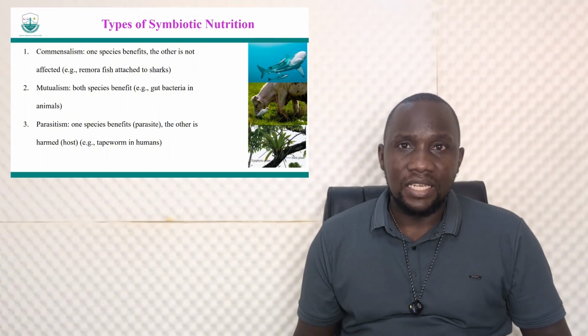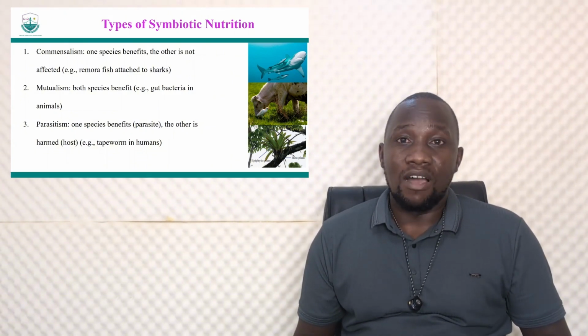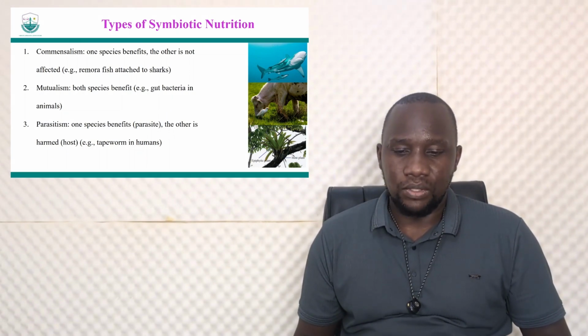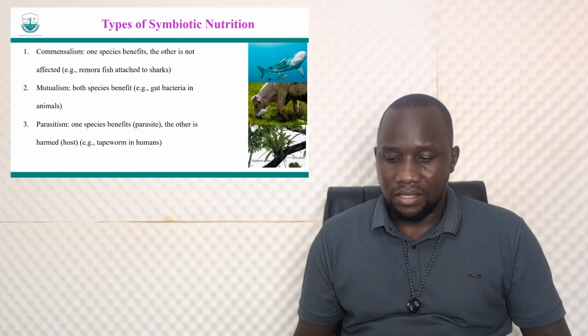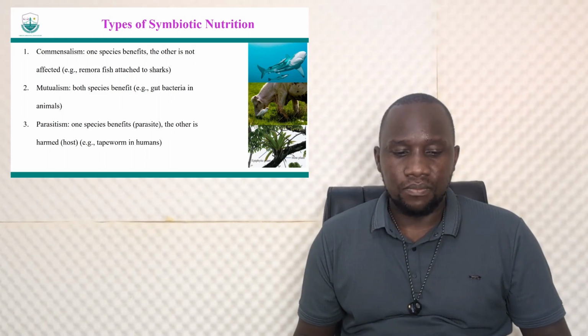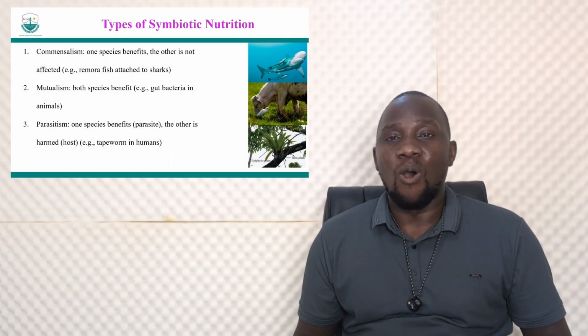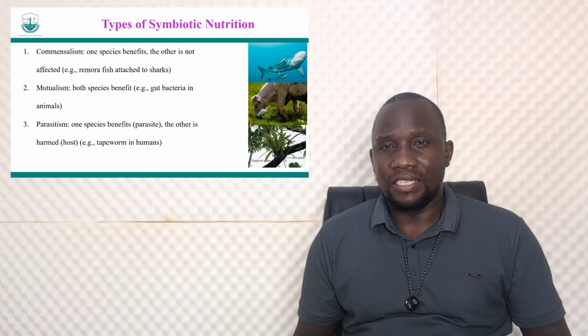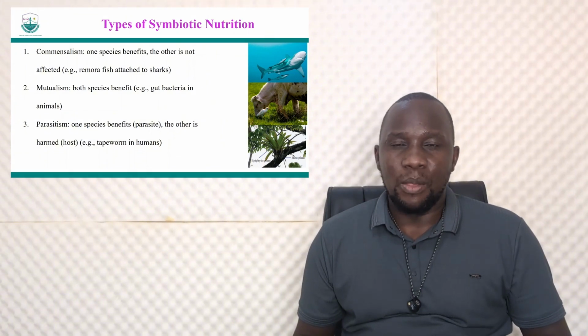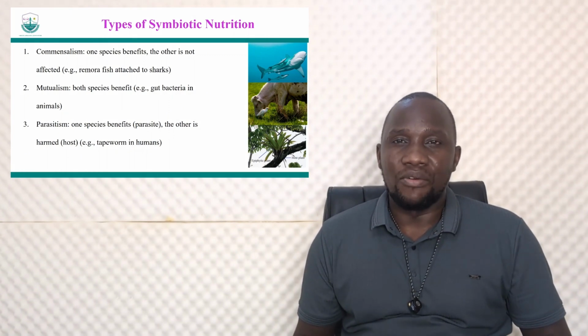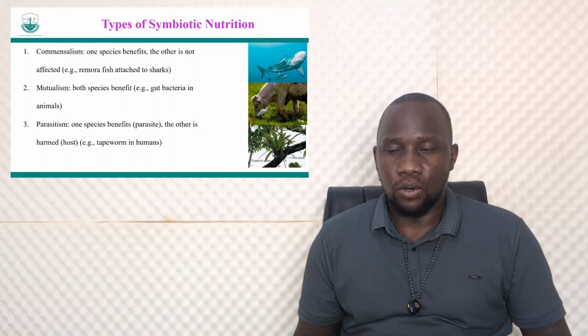And then we have parasitism, where you have one organism benefiting and another getting harmed in the process. And that means that the organism that is feeding on the other is the one we call a parasite, and the organism that is being fed on or that is harboring the parasite is the one we call the host.